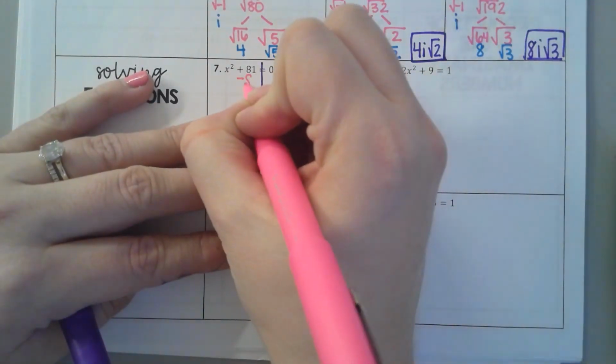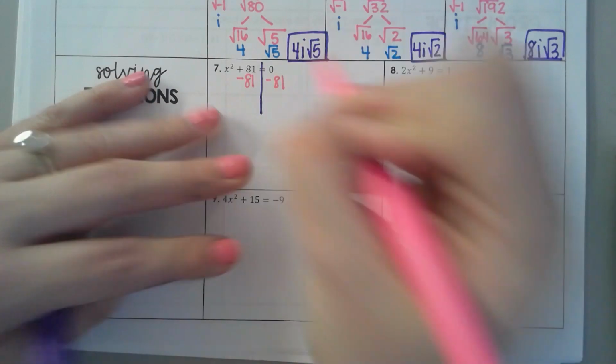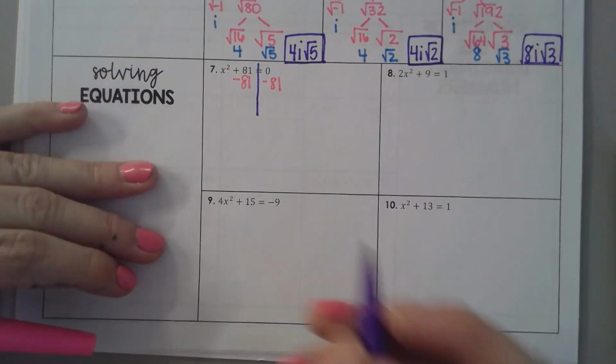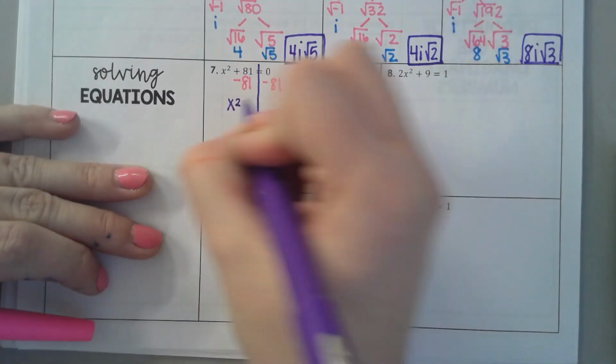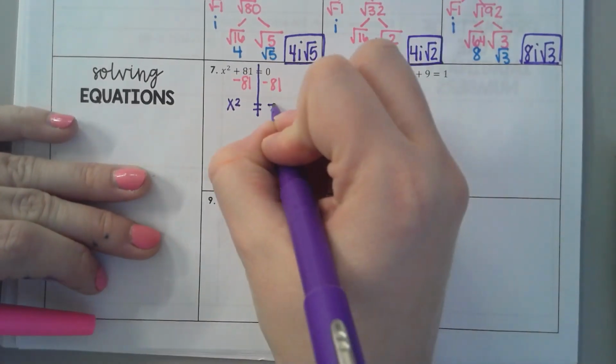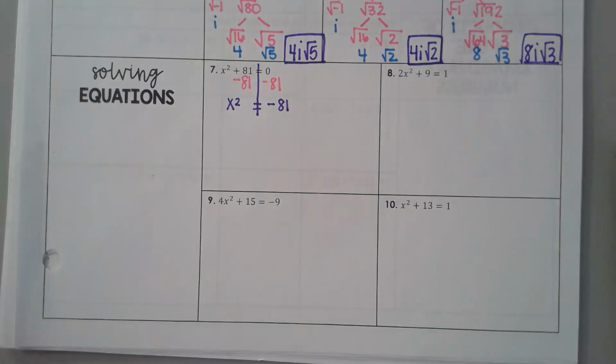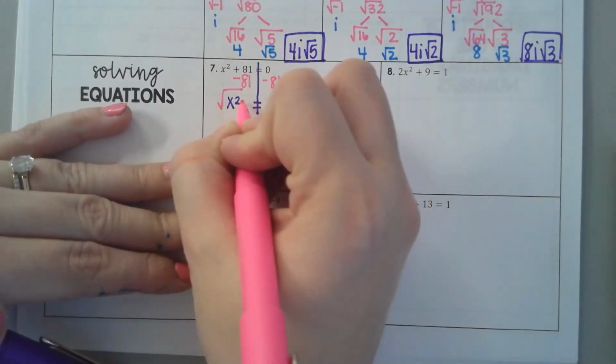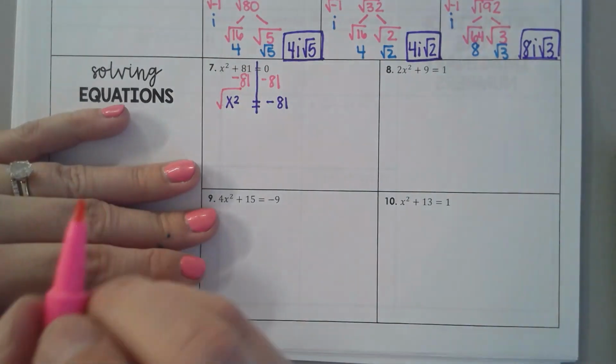Subtract 81. Good. And that gives me x squared equals negative 81. How do I get rid of the squared? You square root. Yep, a square root and a squared undo each other.